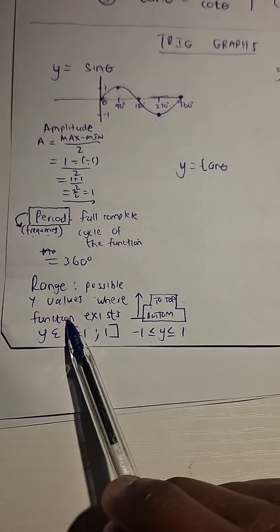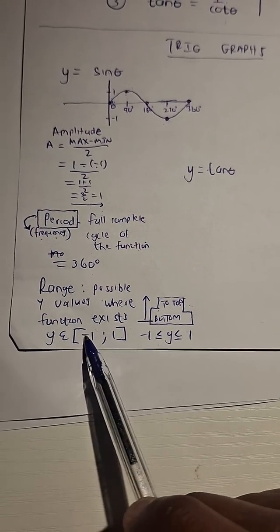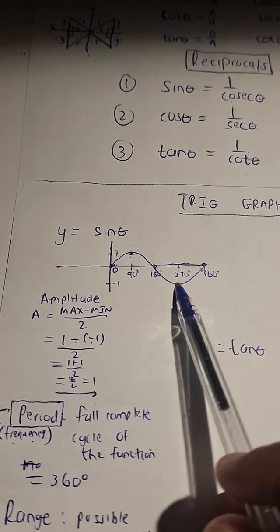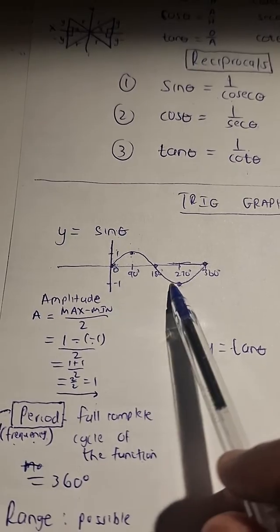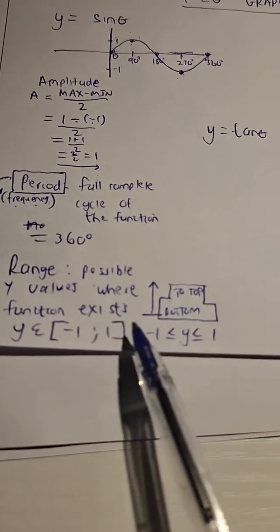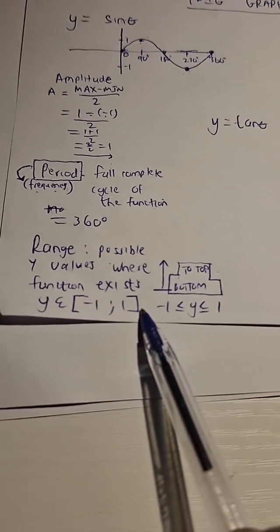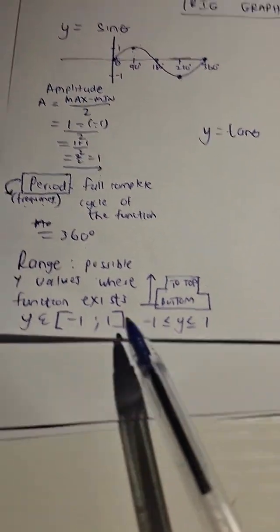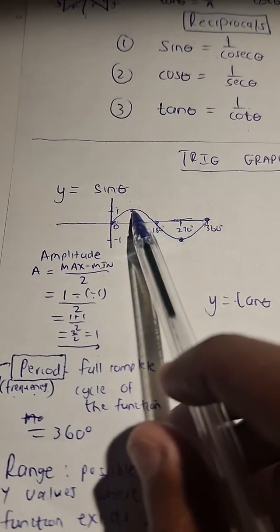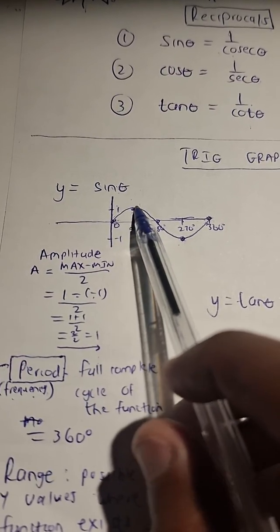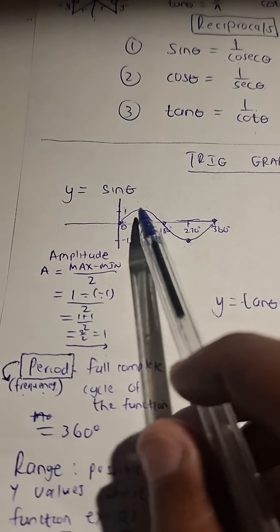The reason why we put square bracket for -1 is because the function touches -1, which means -1 is included. The reason we put square brackets even for +1 and not open brackets is because square brackets mean that the function touches +1, and therefore the function is included at +1.